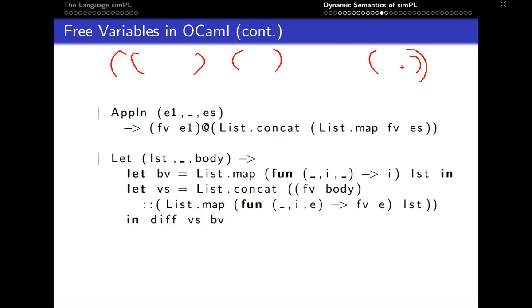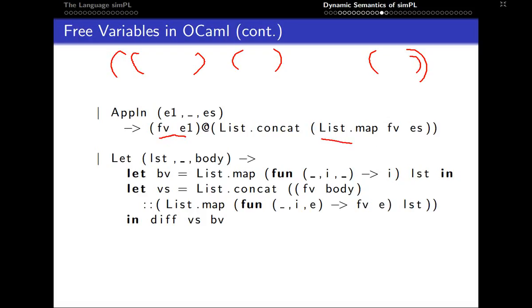So we have to take the free variables of the function value, which is E1. We're saying that this goes E1 up to ES, where E1 is the function and ES is the list of arguments. So we have to take the free variables of E1, and then take the free variables of every argument. We have to use an aggregate function, which is this List.map.